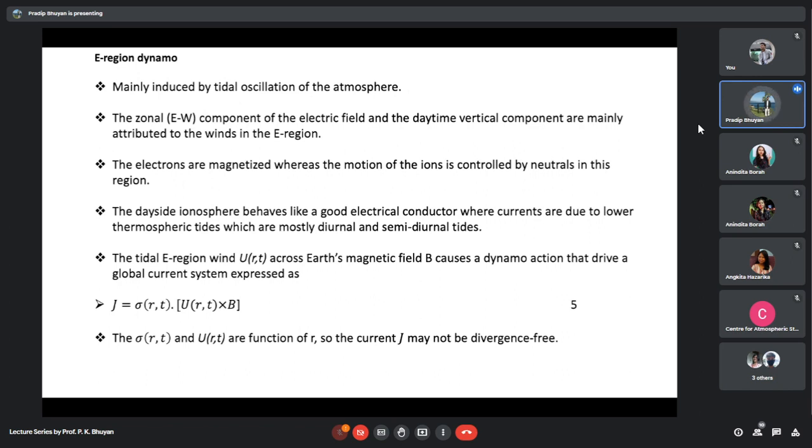We have tides over the ocean. Those are very common and visible also. You have high tide and low tide. Why? Because of the influence of the sun, the gravitational attraction between the sun, moon, and earth.